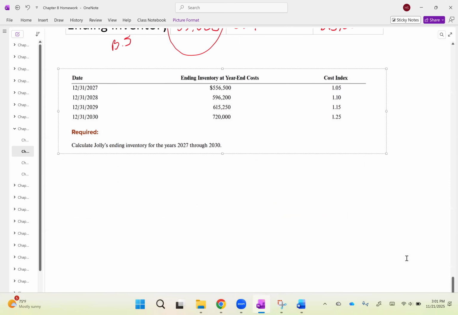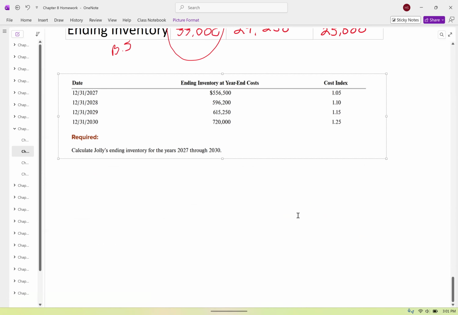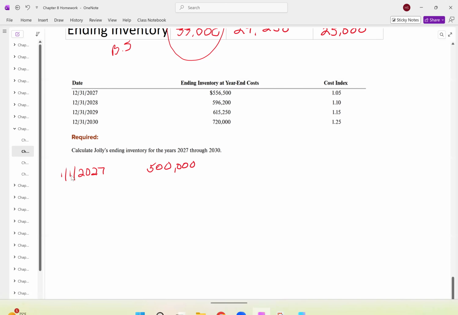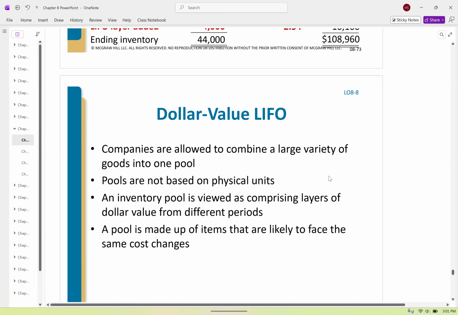So one thing I did not copy on this problem when I snipped it over: the beginning, January 1, 2027, had $500,000 of inventory, and that was going to be the base year. Before I do this, let me jump over here because let's kind of talk about it really quick. So we make this big pool of the inventory together.